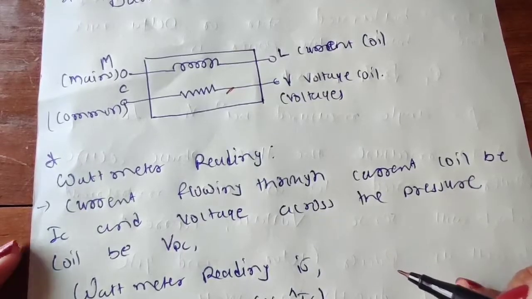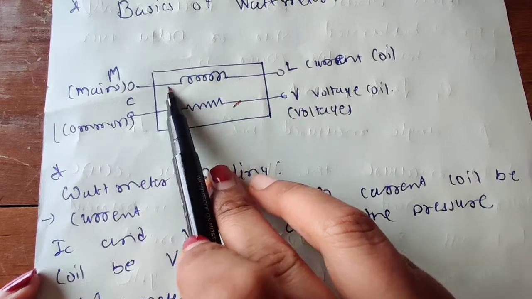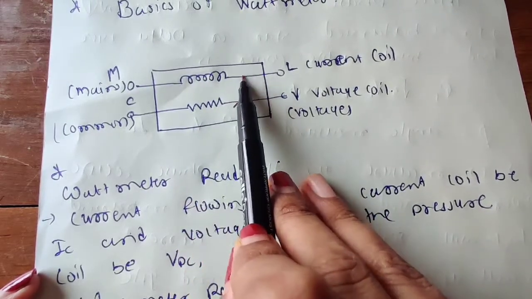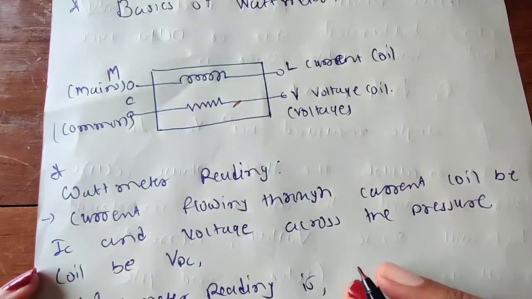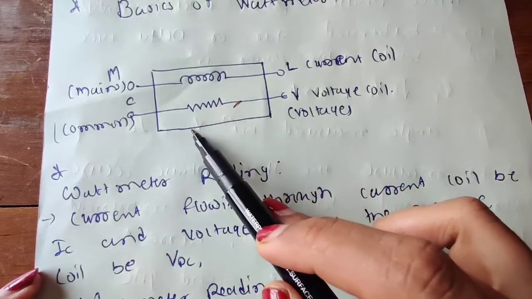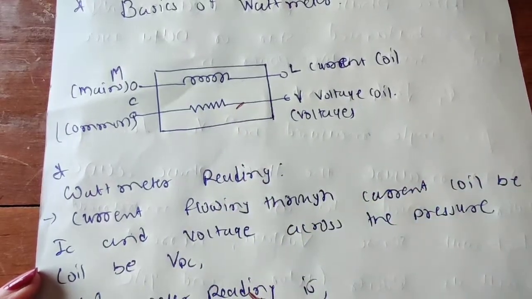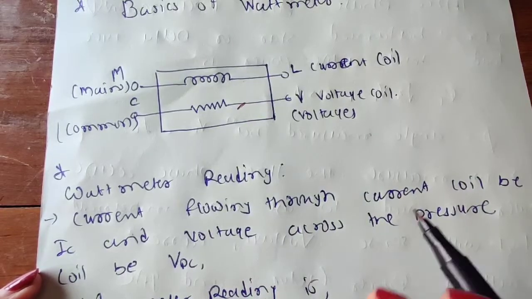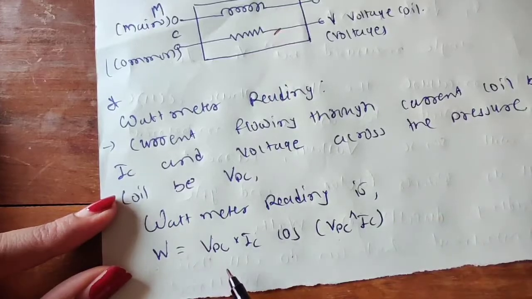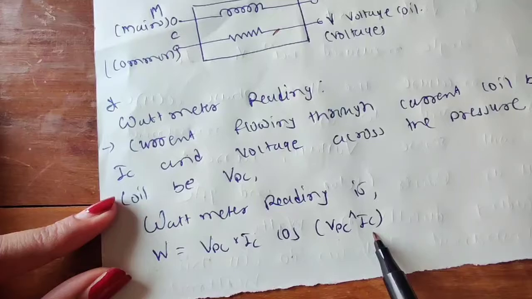If the current flowing through the current coil is IC, and the voltage across the pressure coil is VPC, then the wattmeter reading W is equal to VPC IC cos of the angle between VPC and IC.